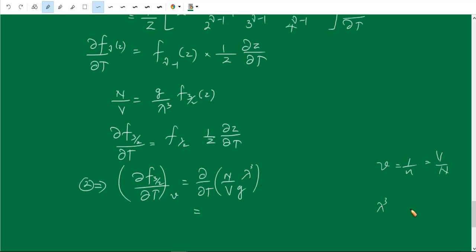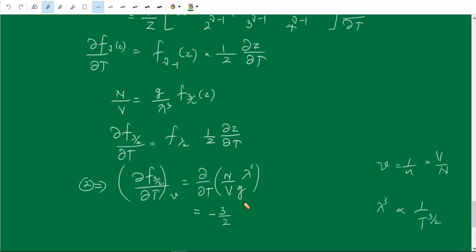has T raised to 3 by 2 dependence. Okay, so this will be equal to minus 3 divided by 2, T raised to 3 by 2 minus 1 it will become, so T raised to 1 by 2.